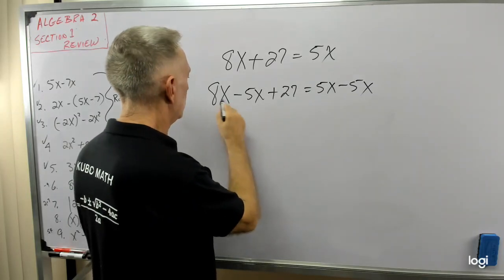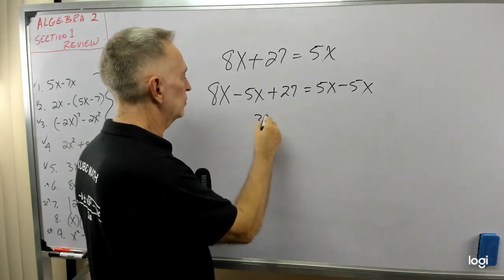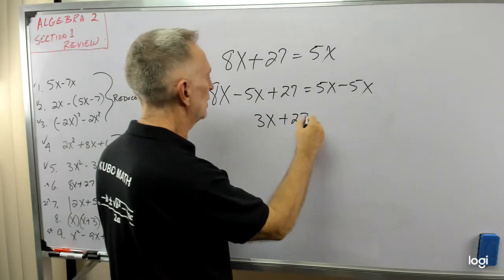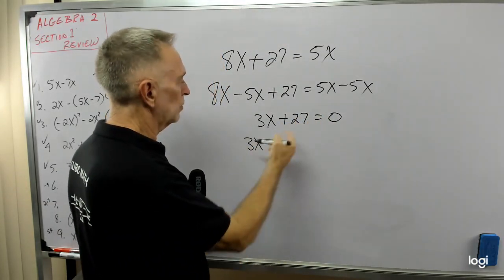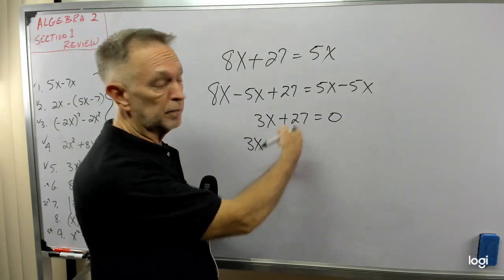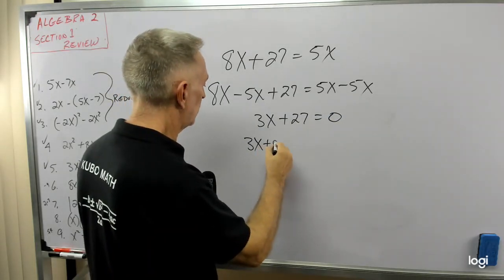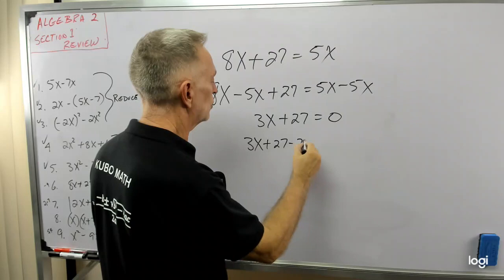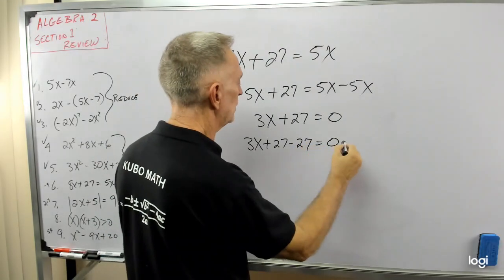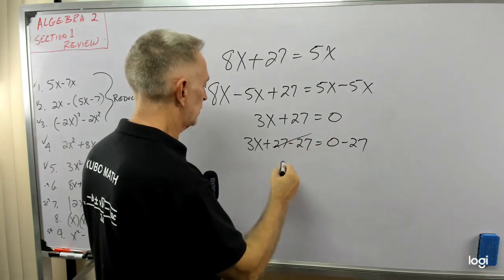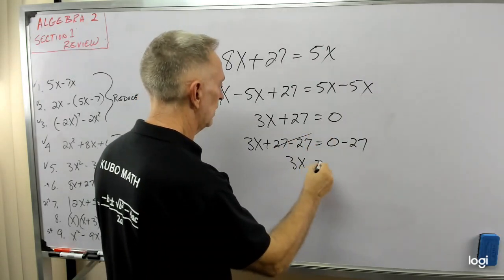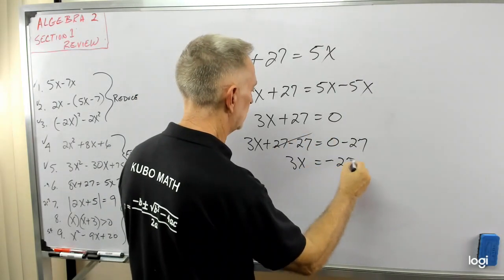So 8x minus 5x is 3x plus 27 equals 0. So now for 3x, I'm going to subtract 27 from both sides. 3x plus 27 minus 27 equals 0 minus 27. So the 27's cancel. 3x equals minus 27.